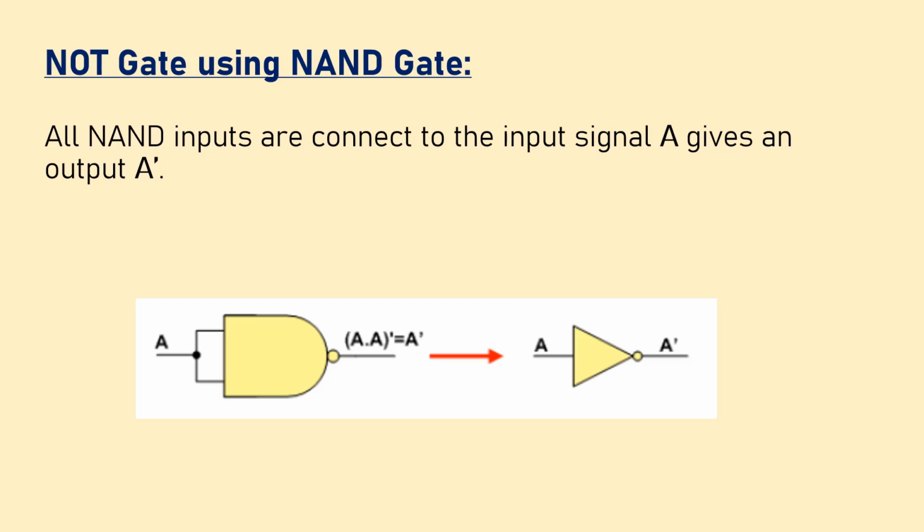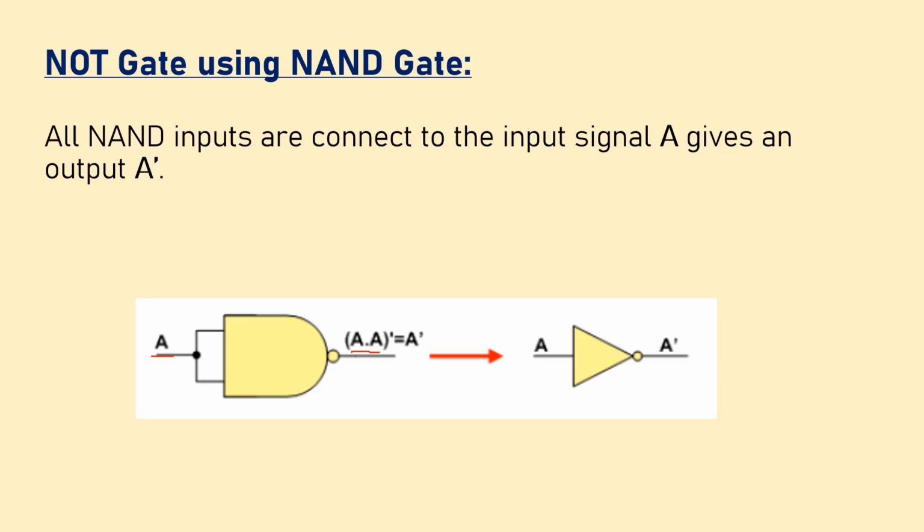Now to construct the NOT gate, all the inputs of the NAND gate are connected to the input signal A. All the inputs of the NAND gate are connected to this input signal A, and it gives the output.